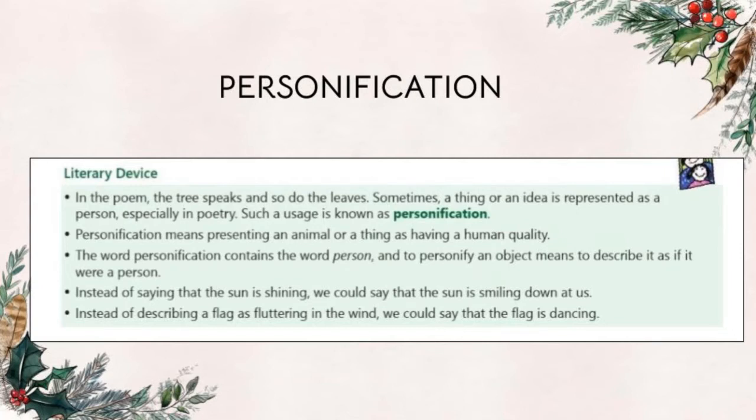Okay, so especially we can see it in poems. Such a usage is known as personification. It means a thing or an idea is shown as a person, or showing an animal or a thing as having a human quality. It can be in the form of a person, it can be in the form of qualities of a person.